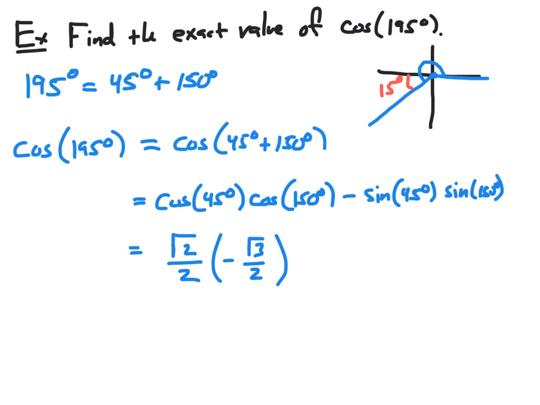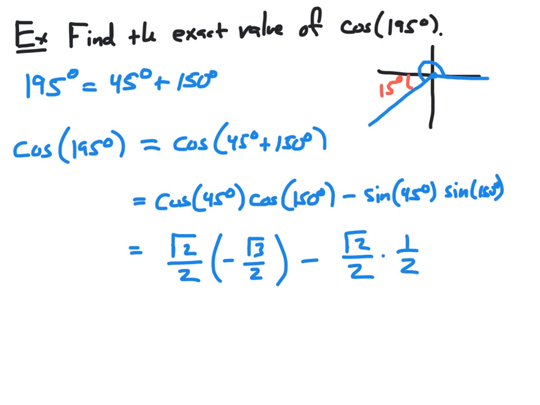So combining the fact that cosine is negative in quadrant 2, along with the fact that cosine of the reference angle, 30 degrees, is square root of 3 over 2, we see the cosine of 150 degrees is negative square root of 3 over 2. The sine of 45 is square root of 2 over 2. And the sine of 150 degrees is going to be the sine of 30 degrees, the reference angle, which is 1/2. And it's going to be positive because in quadrant 2, sine is positive.